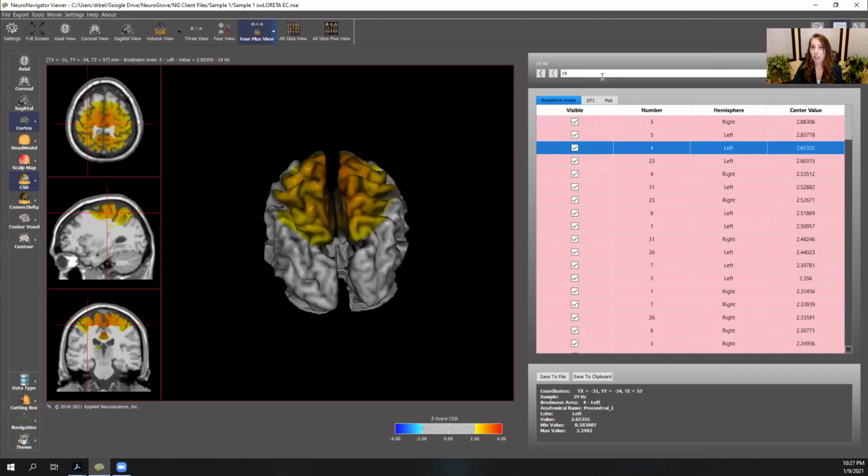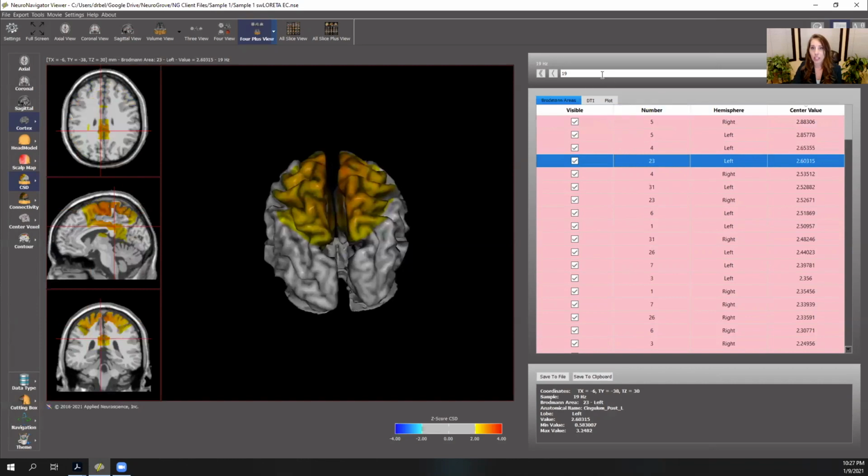Brodmann area 4 at 19 hertz needs to come down. 23 at 19 hertz needs to come down. Each of those forms a metric that goes into your neurofeedback training program. So you can imagine that we end up having quite a lot of metrics that we're training in your brain.